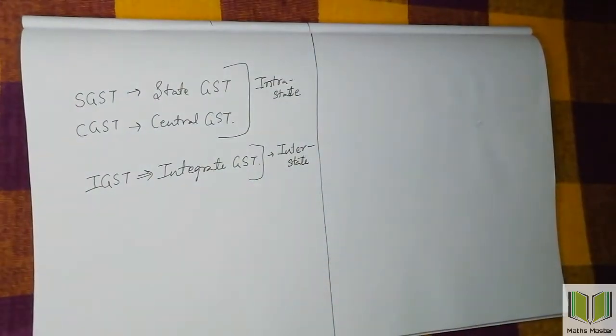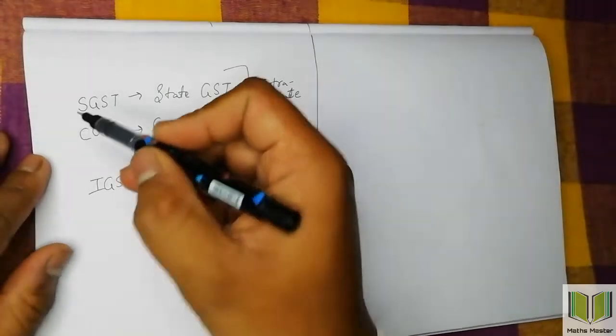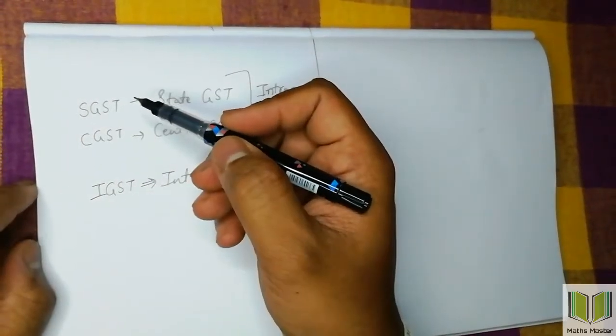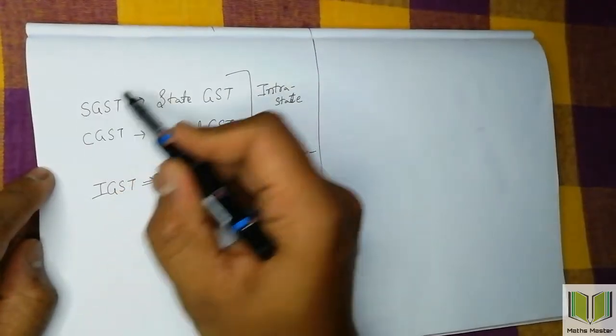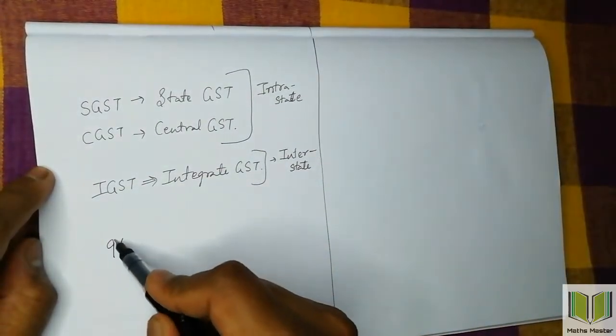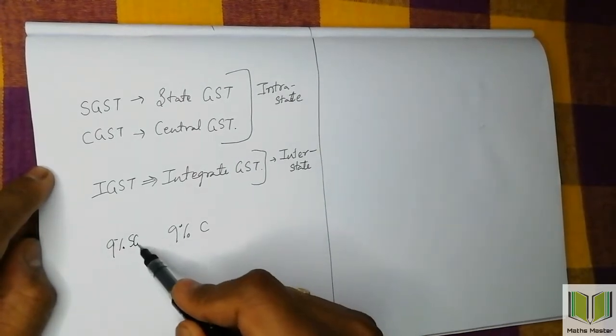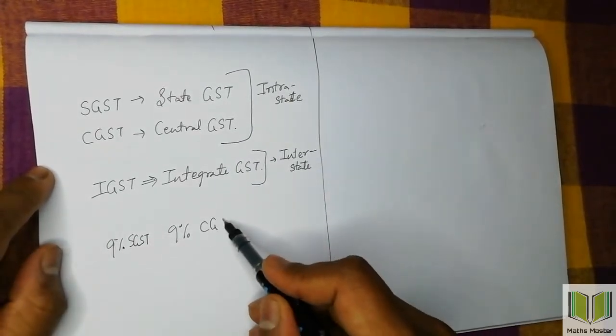Any item being purchased, there will be a certain amount of tax that will be paid for that particular item, and that tax is divided like this. Say for example, if we have 18% tax on any particular goods, 9% will be SGST and 9% will be CGST.